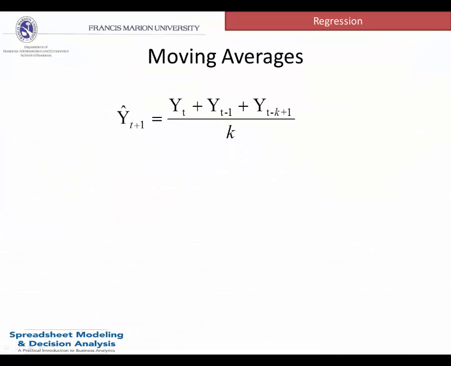So the first and simplest method is called moving averages. You see this function here, the prediction of yt plus 1, where t is your time period.